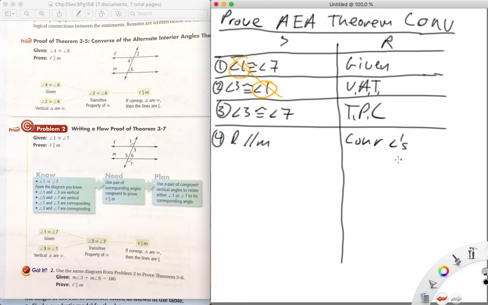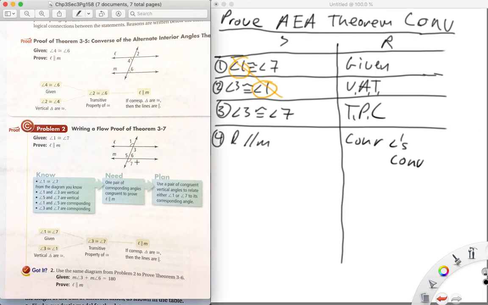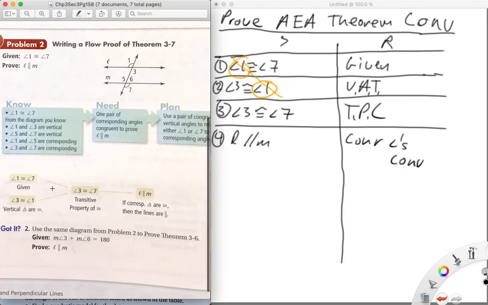And this is the converse. Corresponding angles converse. Okay, so that's proving the alternate exterior angles theorem. Those are the 2 proofs that we've done. Again, there's the flow chart, and it's exactly the same.